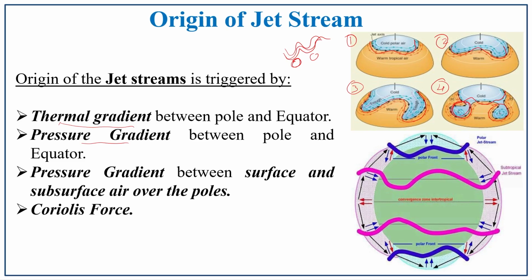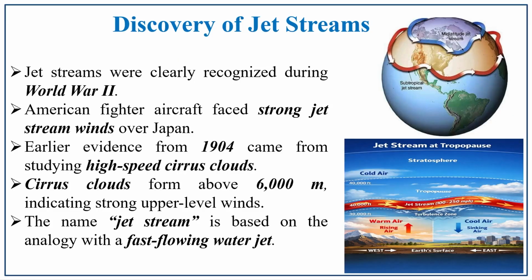The pressure gradient between the surface and subsurface air over the poles is one of the most important factors in the origination of jet streams, and it is also important to understand the Coriolis force, which plays an important role in the origin of jet streams. So, these are all the important triggering factors which influence the origin of jet streams.